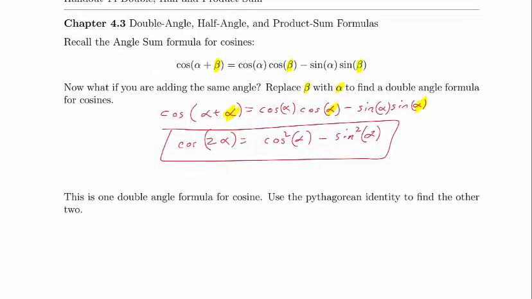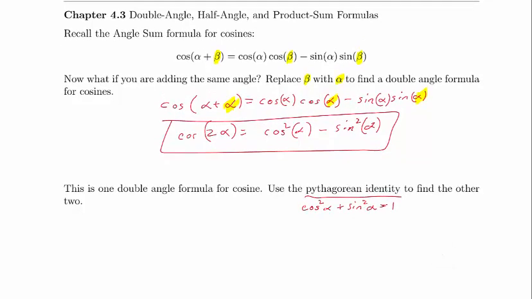And we're going to use the Pythagorean identity to get our other two formulas. Recall the Pythagorean identity is simply cosine squared alpha plus sine squared alpha equals 1. We'll be making a substitution for cosine squared and sine squared in the equation up here. So first one: cosine 2 alpha equals 1 minus sine squared alpha, minus sine squared alpha.